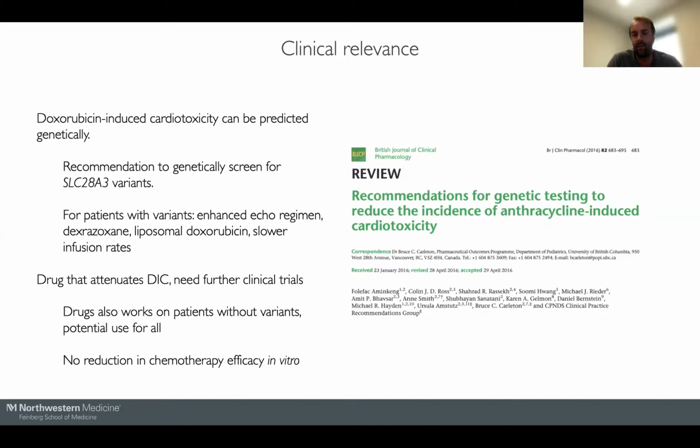It is an FDA-approved drug. One would argue that giving that to patients who are undergoing chemotherapy would be comparatively trivial. Obviously, we need to do more work on confirming that it doesn't have any negative effect on the chemotherapy efficacy. But all of our data to date suggests that's pretty good.